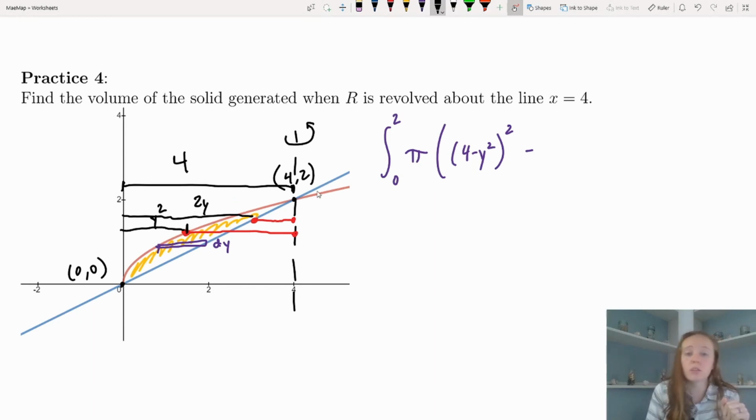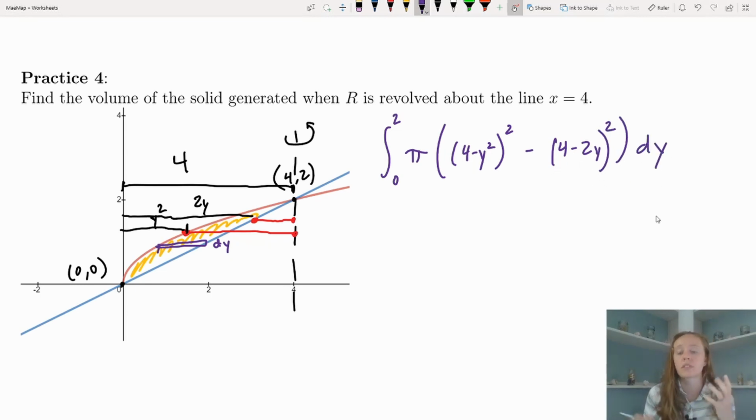I know that total distance from line to axis is 4, so I'm going to do 4 minus 2y to get the chunk that I want. So this is going to be 4 minus 2y, and that's the radius, so I'm going to square that and integrate this all with respect to y.